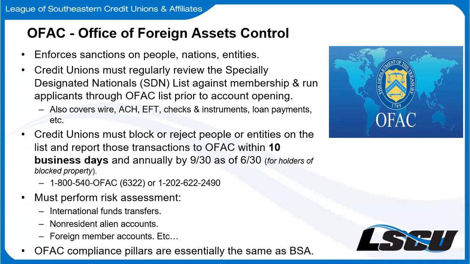Additionally, you must block or reject any entities on these lists and report those transactions to OFAC within 10 business days. If your credit union is a holder of blocked property, you also need to report annually by September 30th with your information as of June 30th.